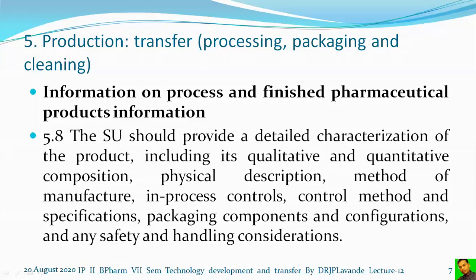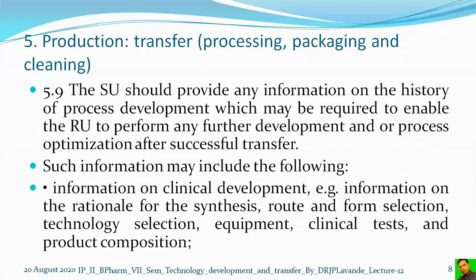That is 5.8. The 5.9 tells us that the sending unit should provide any information on the history of the process development which may be required to enable the receiving unit to perform any further development and/or process optimization after successful transfer. Let us say, for example, the discovery of the antibiotic penicillin was a serendipity.